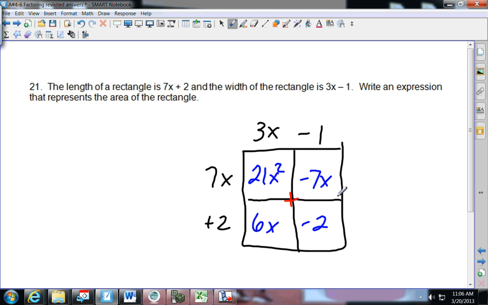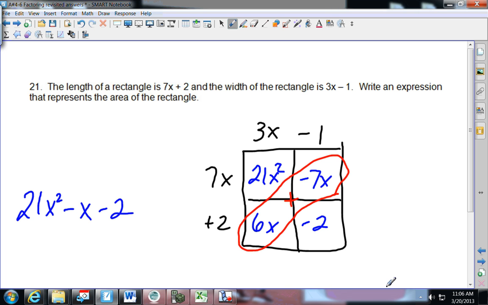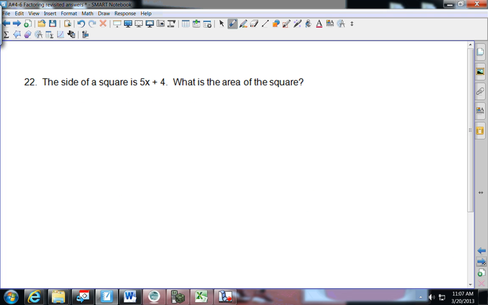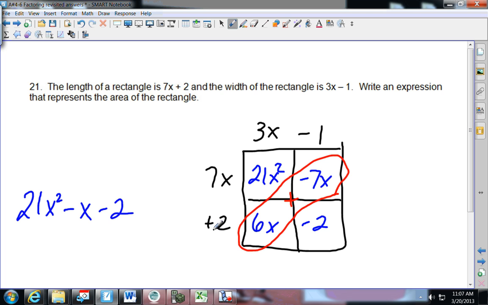Add the two boxes together that have the x's. My answer becomes, my area is 21x squared minus x minus 2 is what you should have got. The question was, you put 1x. If you put minus 1x, then that's fine.